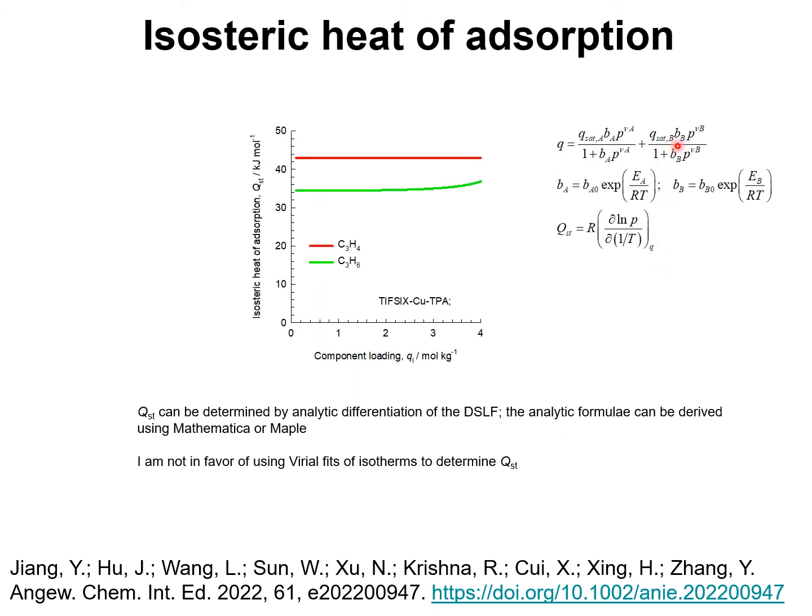From the dual site Langmuir-Freundlich fits with temperature dependent BA and BB parameters for propyne and propene in ZnU2, we can determine the isosteric heat of adsorption using this expression by analytic differentiation of the DSLF model. The analytic differentiation can be carried out using Mathematica or Maple and can be easily programmed in Excel. The calculated values of the isosteric heat of adsorption for propyne and propene are shown here using the fit parameters for ZnU2 as shown in the previous slide. This data has been published in this paper.